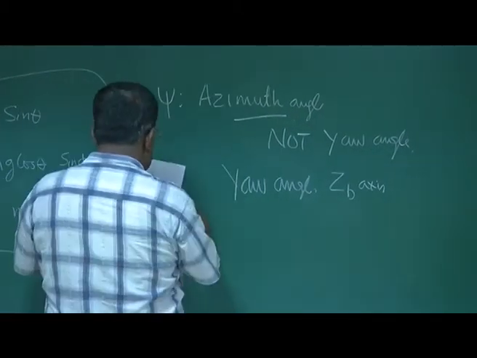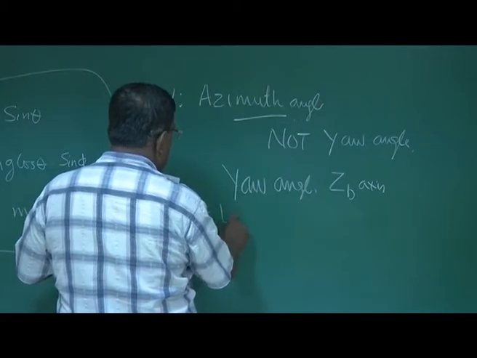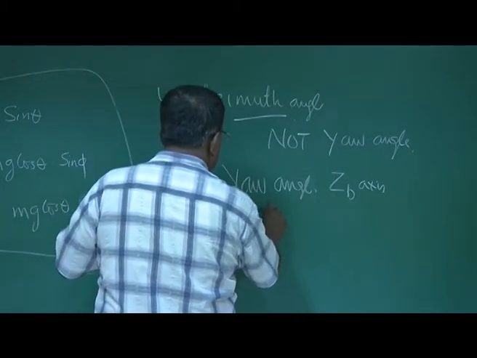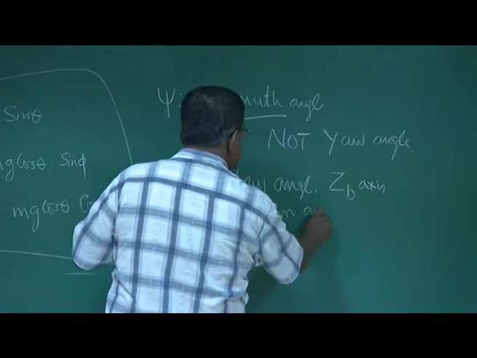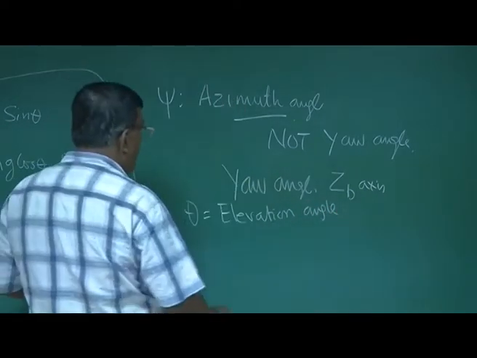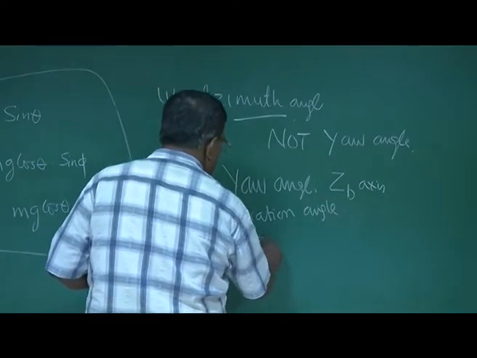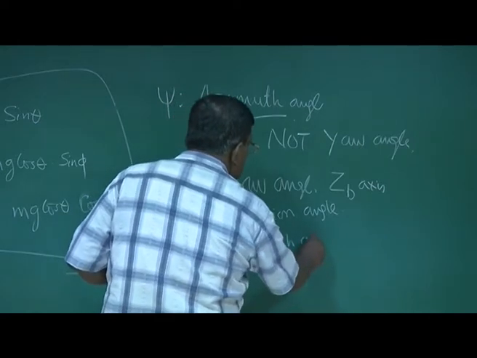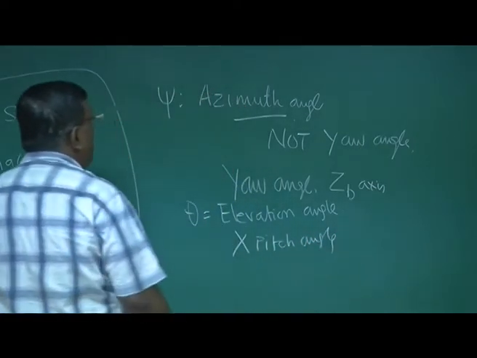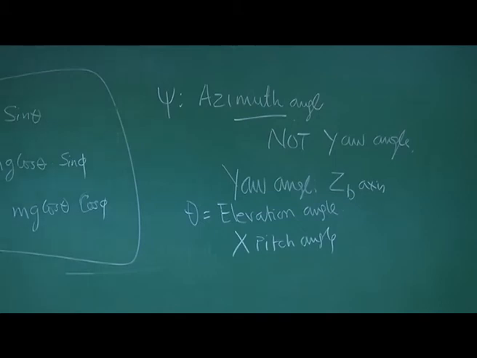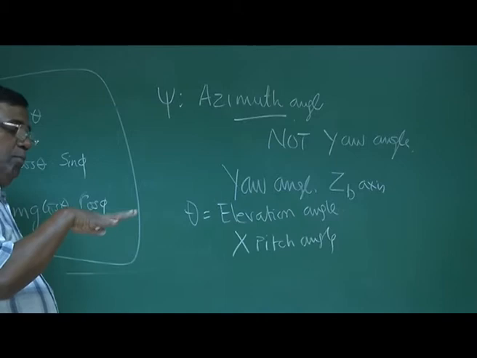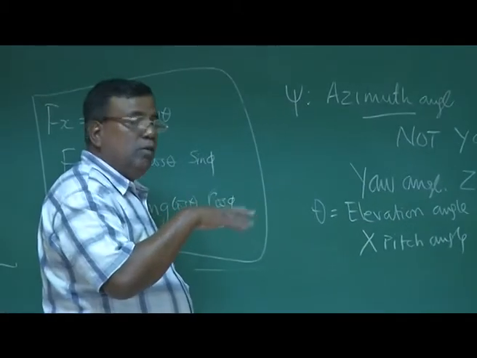And also, Eulerian theta is called the elevation angle, but not the pitch angle. When I am talking about Eulerian psi theta, theta is the elevation angle. Why? What is the pitch angle? Pitch angle is the rotation about body YB. But what is theta?